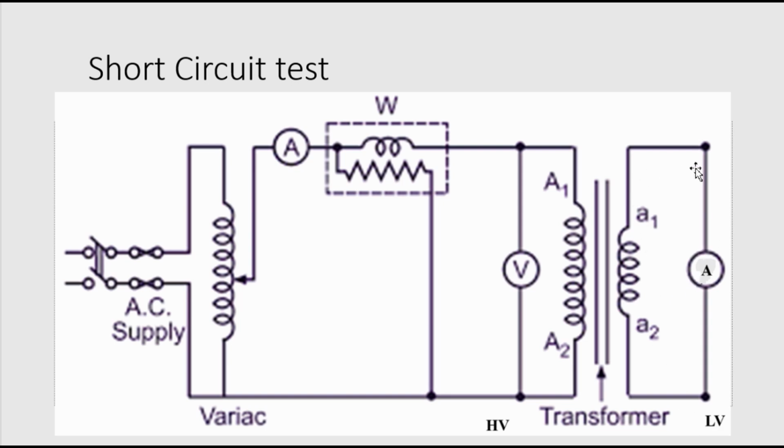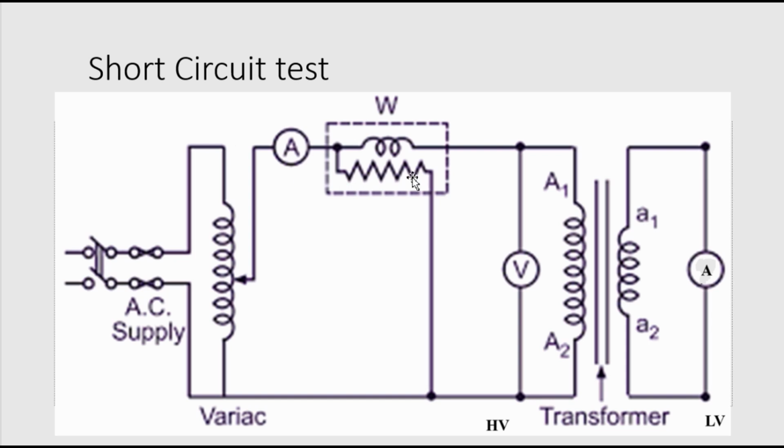This should be the low voltage side, so we have to energize the supply until the ammeter reaches the rated value, and we have to calculate the rated value based on the transformer voltage on that particular side.